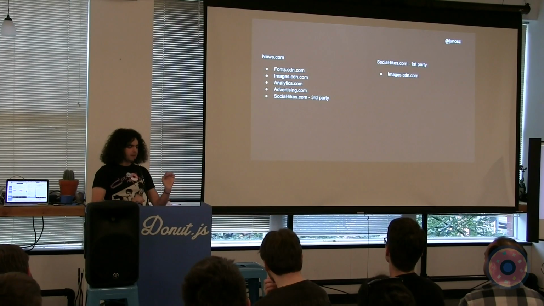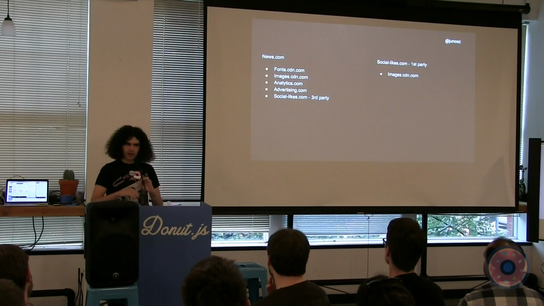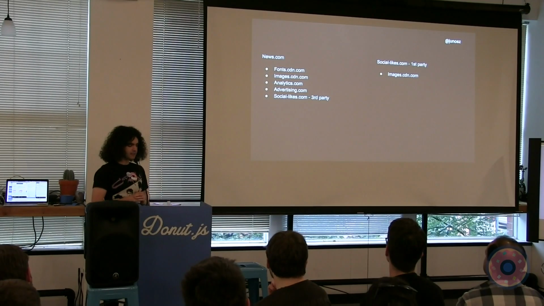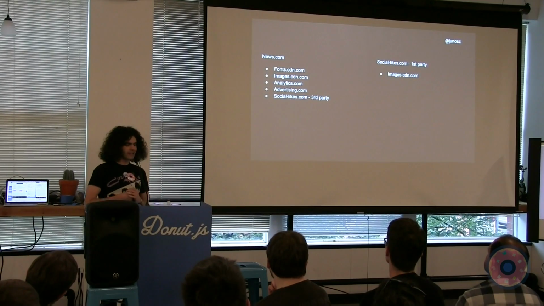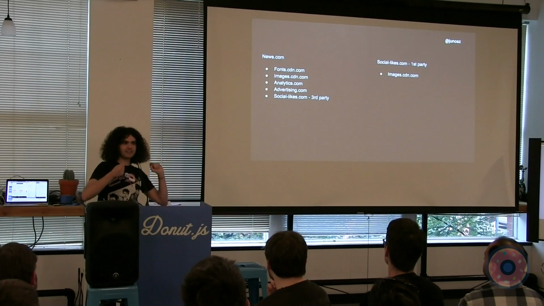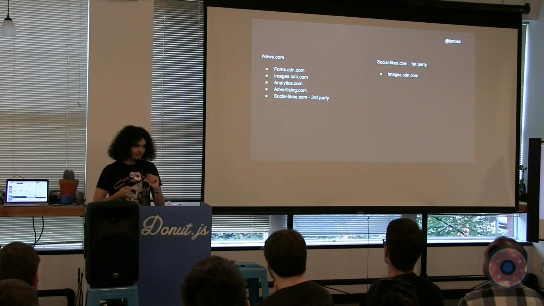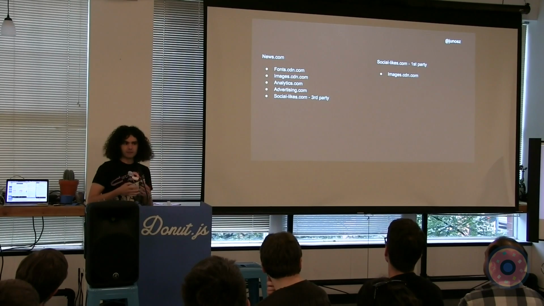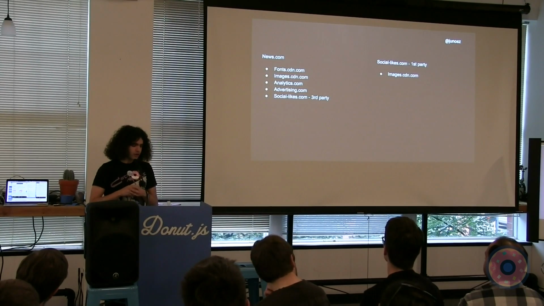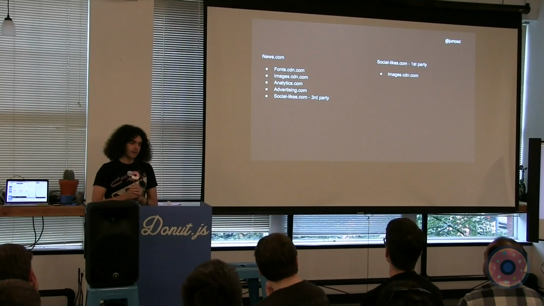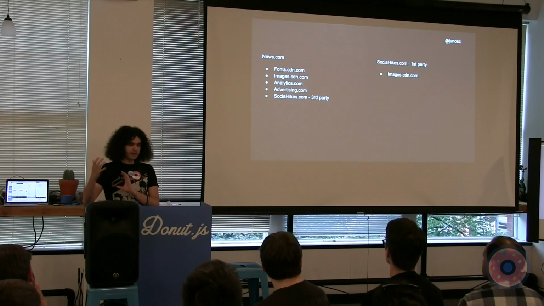For an example, let's say you're on newswebsite.com, and when you go, it loads all kinds of other resources from different places, including this one at the bottom, sociallikes.com, which gives you a little iframe with a thumb button that you could click to like it in a social way. The cookies that are set by newswebsite.com would be considered first-party cookies while you're on that website. The cookies from sociallikes.com would be considered third-party cookies because they're coming from a different domain.